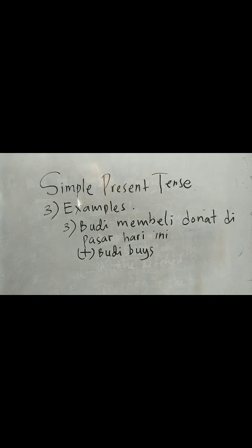Budi stands for woman or man. So because Budi is she or he, we put s after the verb. Budi buys donut in pasar, market, today. Budi buys donut in market today.